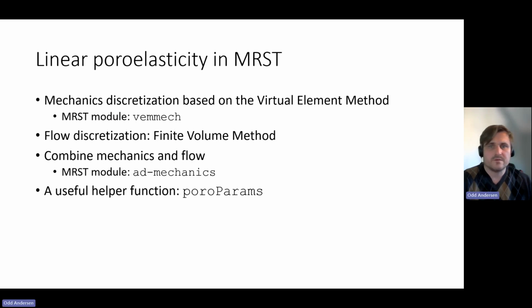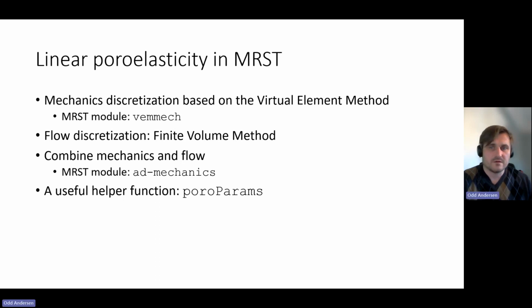So I will now talk about linear poroelasticity in MRST. MRST provides functionality for solving linear elasticity problems in the vemmech module with the VEM_linElast function. This function uses a spatial discretization based on the virtual element formulation, which can be easier to work with than finite elements on complex grids, as is typically the case with industry standard reservoir simulation grids.